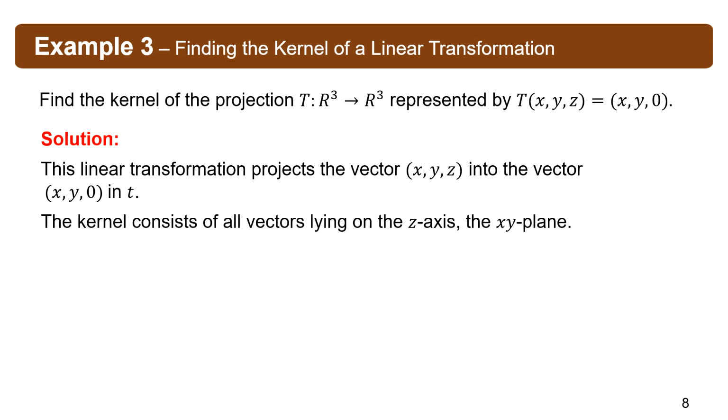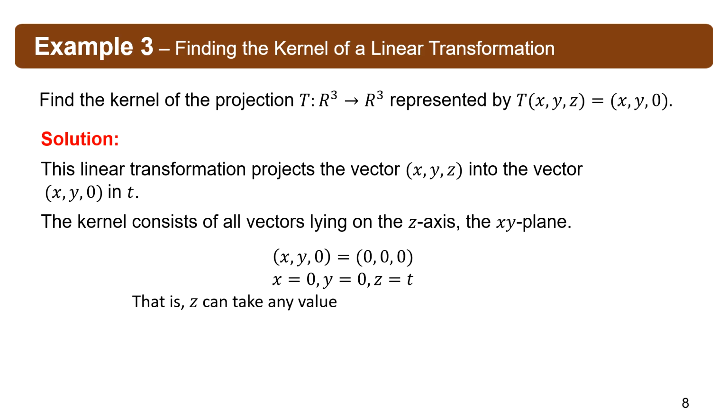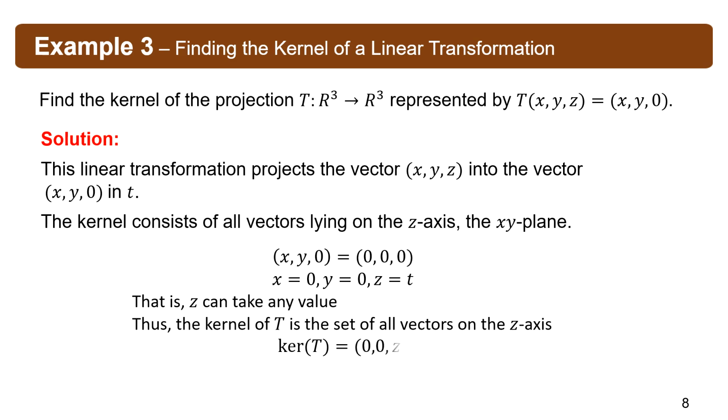Remember, the kernel consists of all vectors lying on the z-axis, because when you equate this to zero, your x will be equal to zero and y equal to zero. And of course, z is not constrained, meaning z can represent any value, which is a parameter. All right, and thus the kernel of T is the set of all vectors on the z-axis. We can represent that as (0, 0, z).